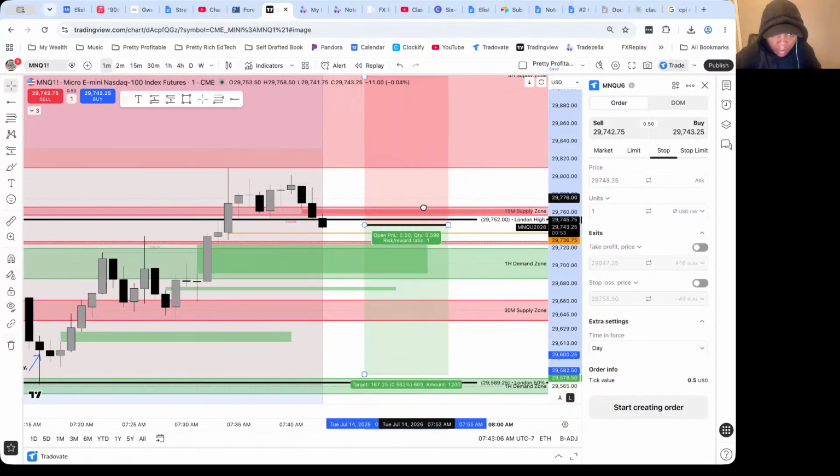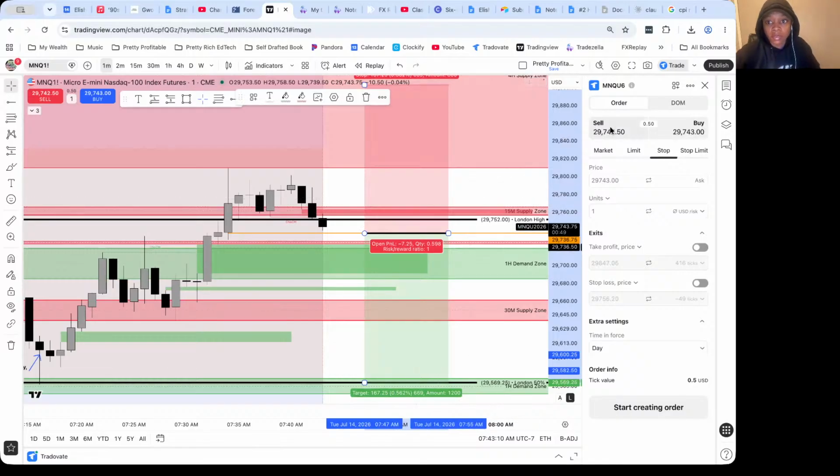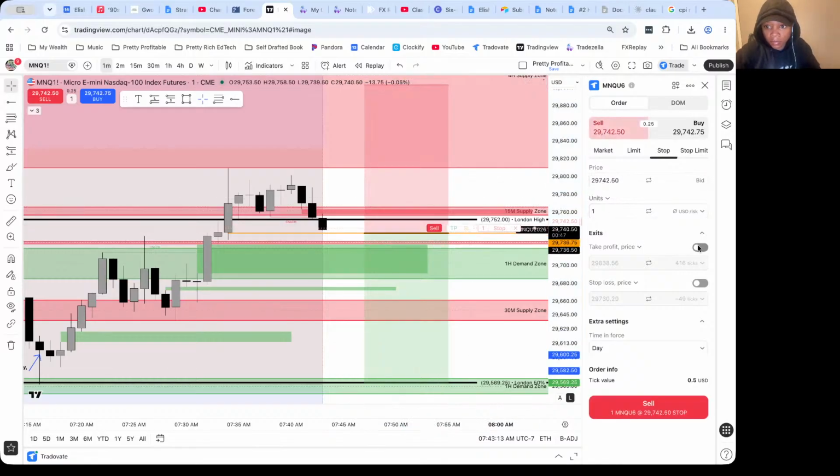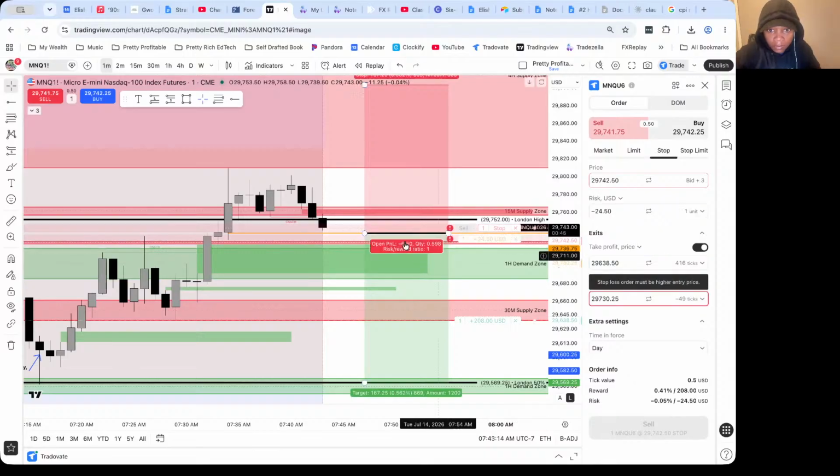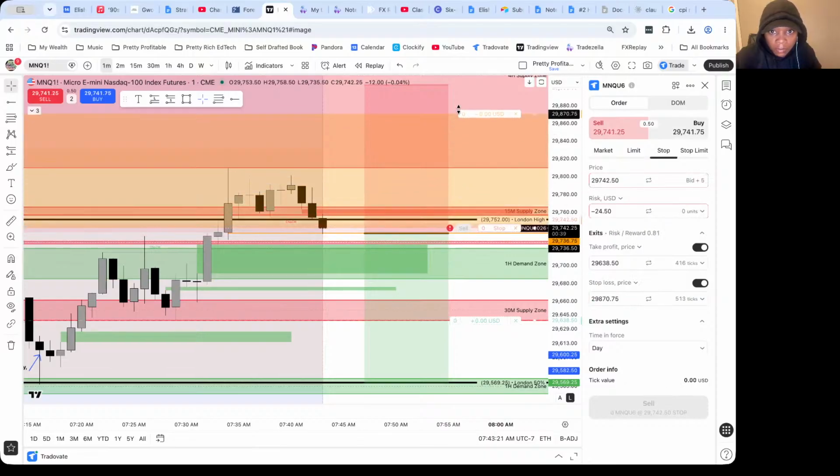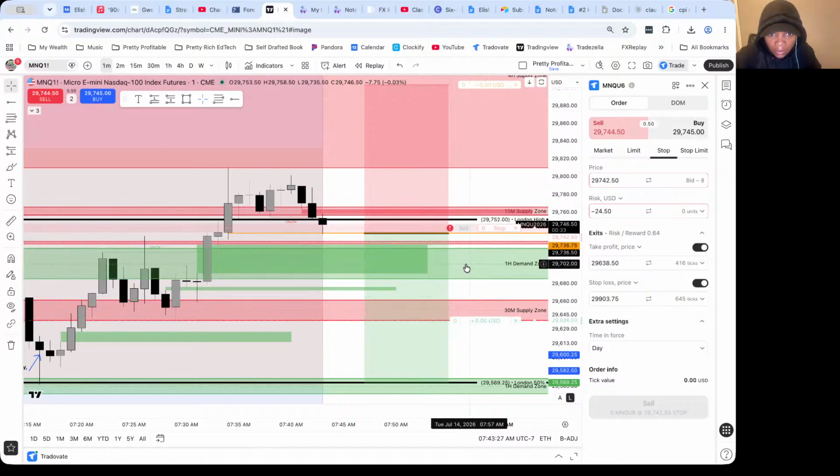And because of that, I can set my, here, we getting there, y'all. Let me get ready for this sale. I'll put my stop up here because that's the demand zone.